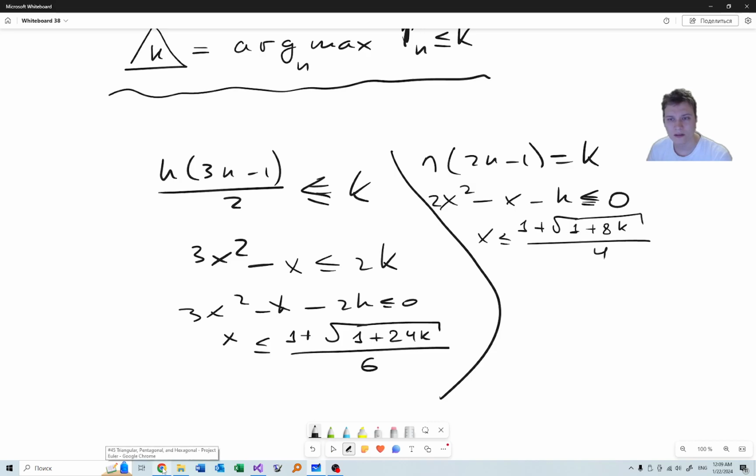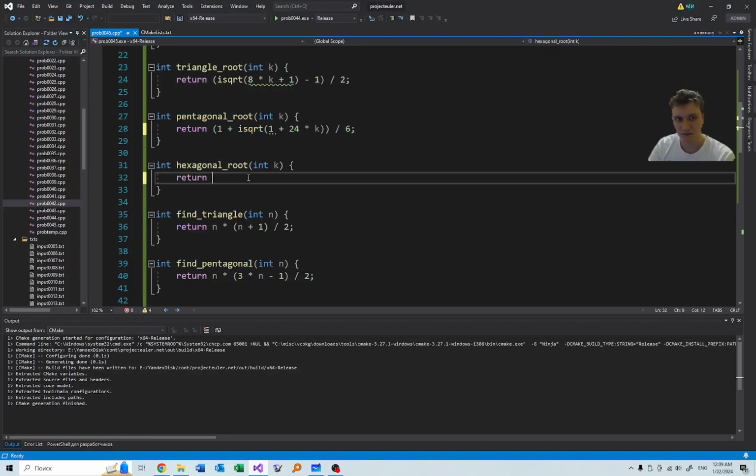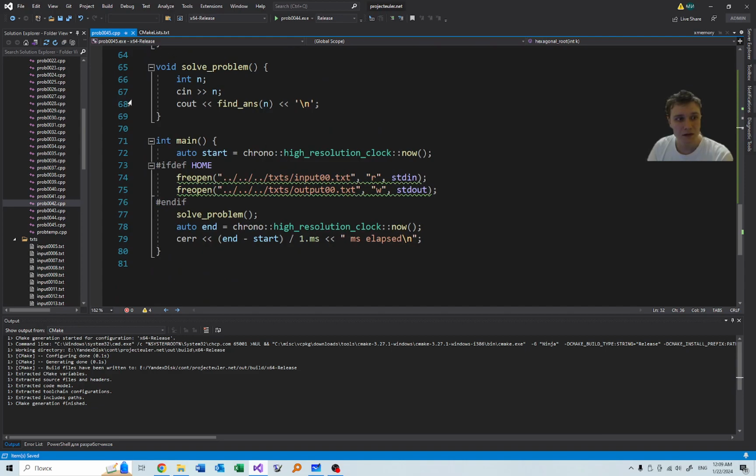So we return 1 plus square root of 1 plus 8k over 4. Fine.